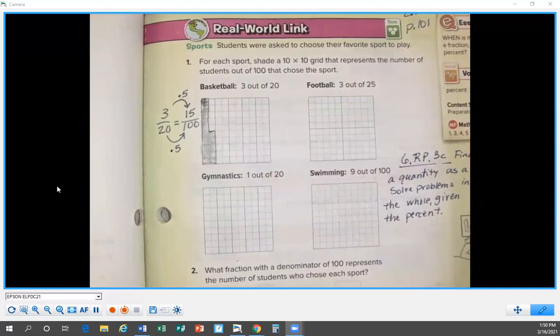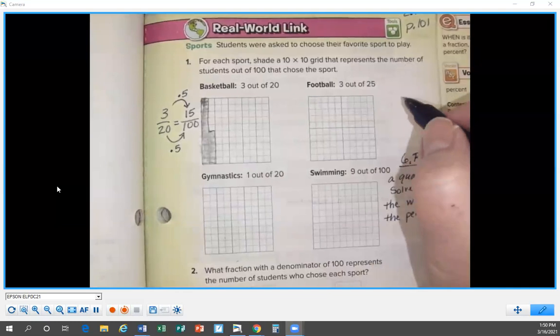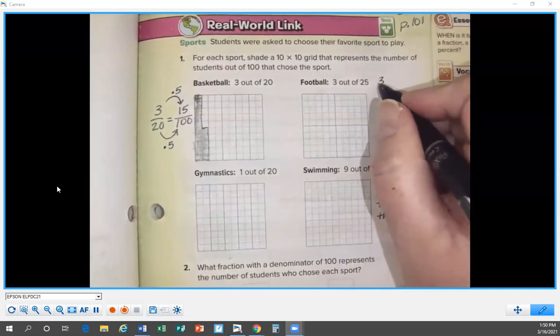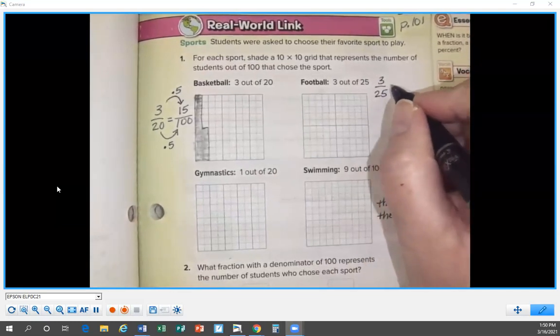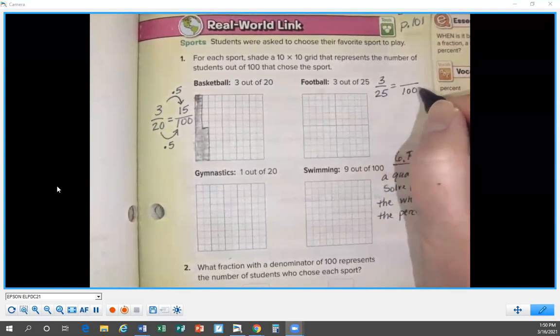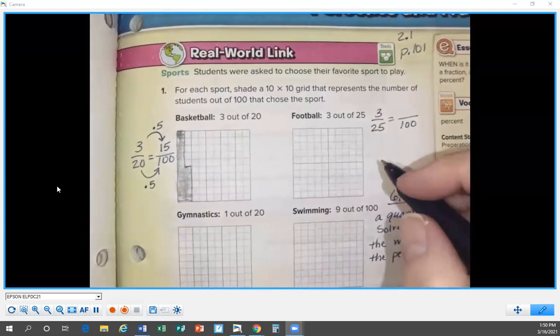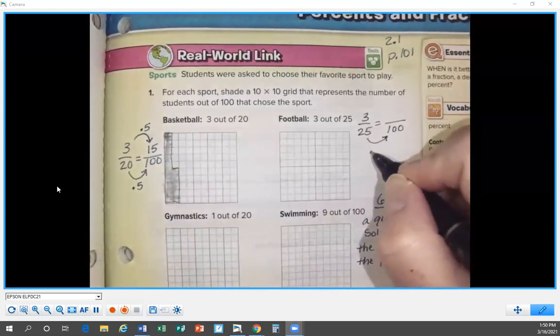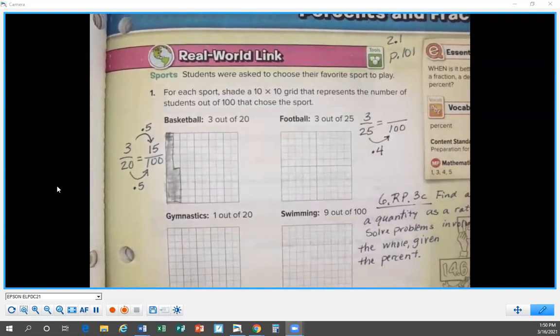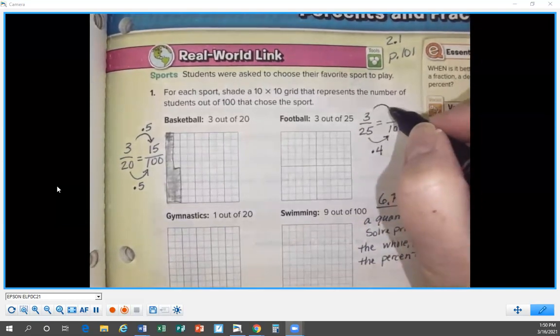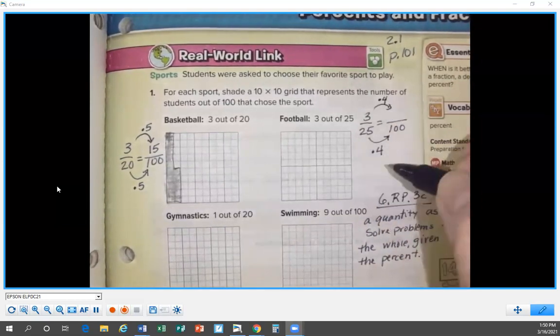Okay, next, football. 3 out of 25 students played football. So 3 out of 25 would be proportional to how many out of 100? So I look at 25. How many times would 25 go into 100? 4. So what would I need to do to my numerator? I would also need to multiply it by 4.